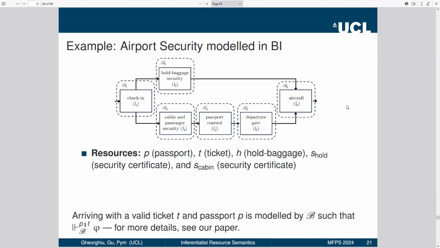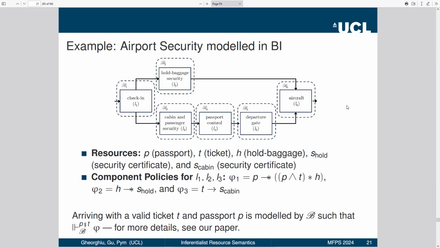And then you go through various stages, such as passport control, and then departure gate. And at each point, you have to present some resource, your ticket, your passport, some security access control. And this is a quite basic notion of system, but a very important one. This is the kind of thing we want to model.